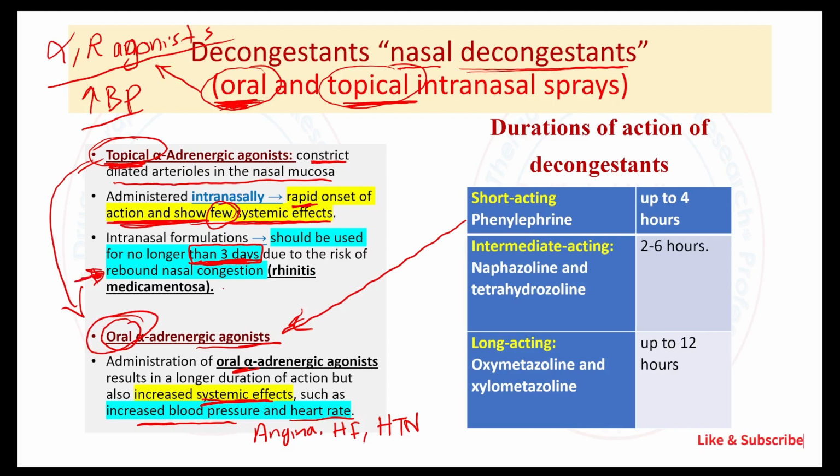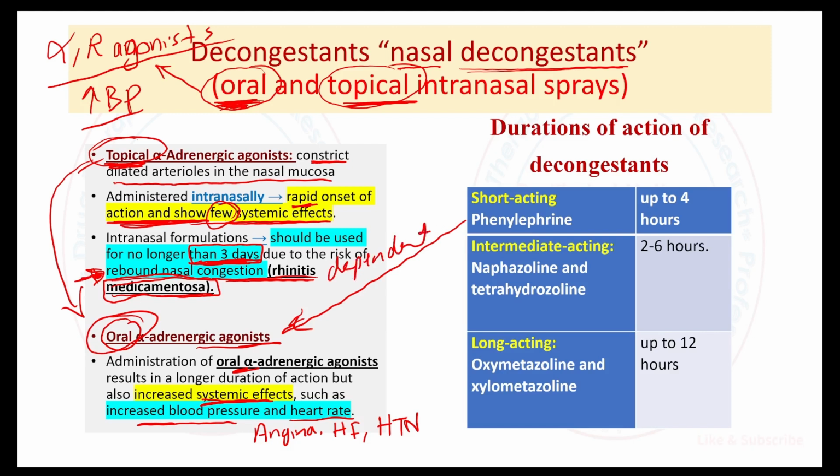We call this one rhinitis medicamentosa. This is kind of rebound nasal congestion that will force the patient to keep using the medication for long period of time, and the patient becomes dependent on this medication.